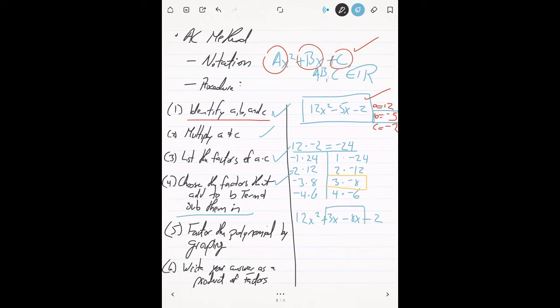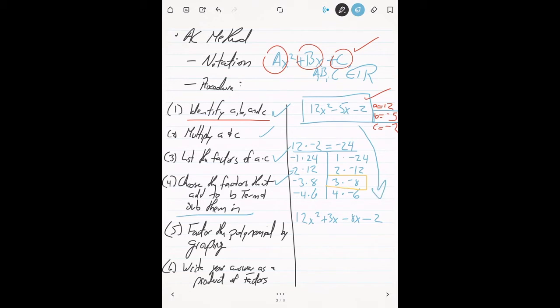Notice that these will simplify to get us -5x. I haven't done anything different, right? I could just combine the like terms and get right back to where I started. What I'm doing, and this is why the AC method is so clever, is taking a trinomial that I'm attempting to factor and writing it as a 4-term polynomial.